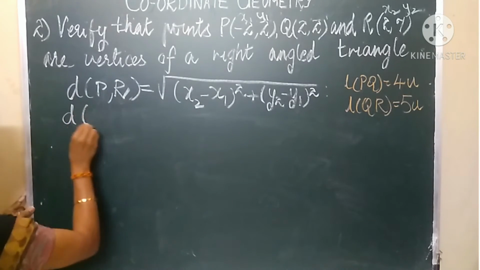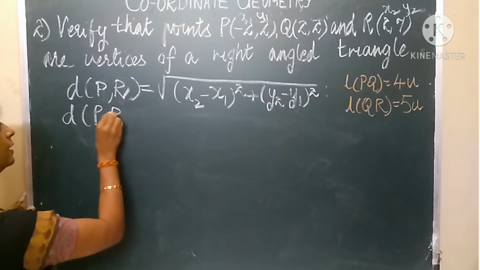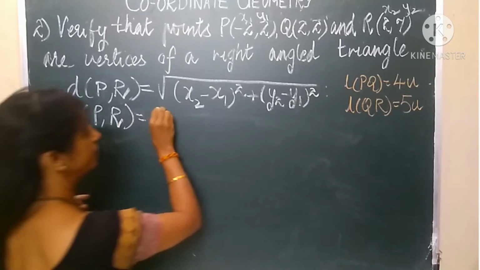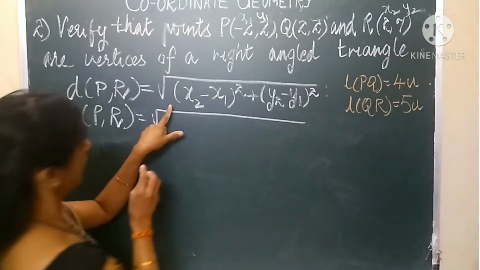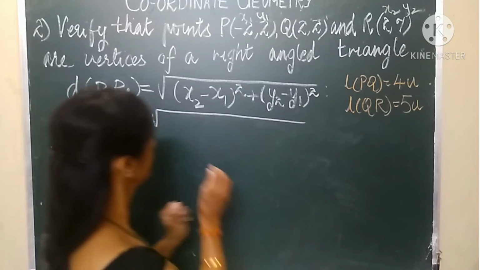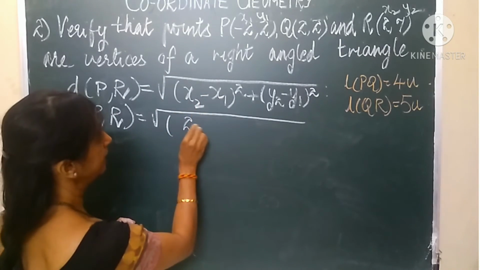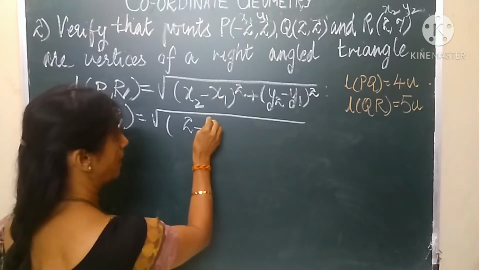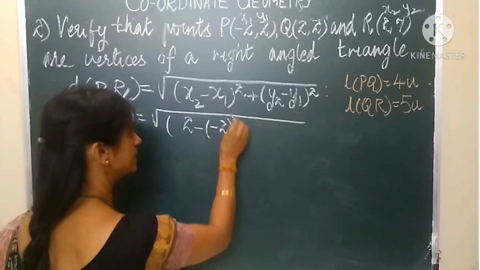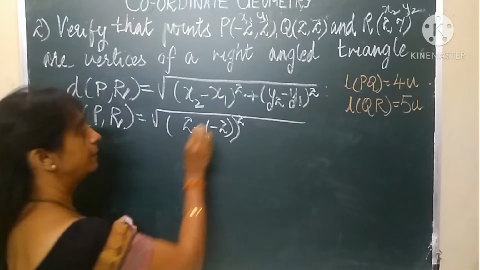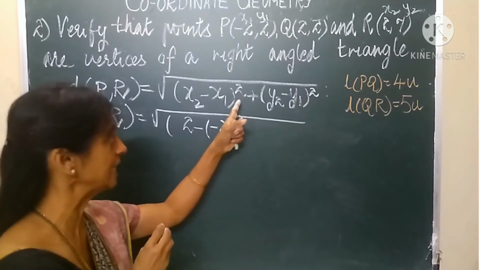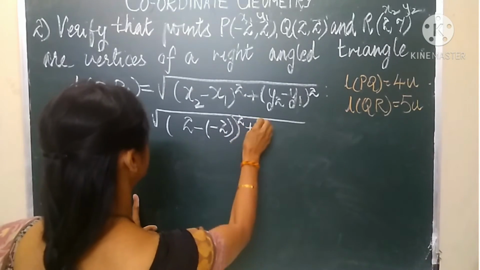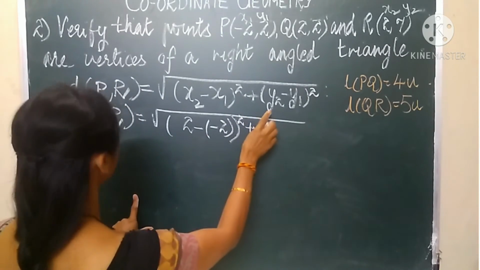So distance PR will be given by x2, x2 is 2 minus x1 is minus 2. So let's insert a double bracket with the square, which has to be remembered, plus y2. What is y2?